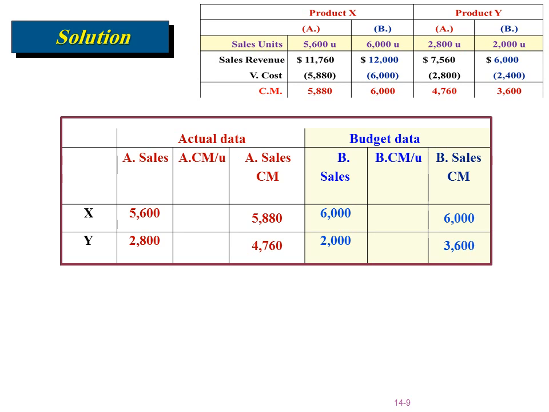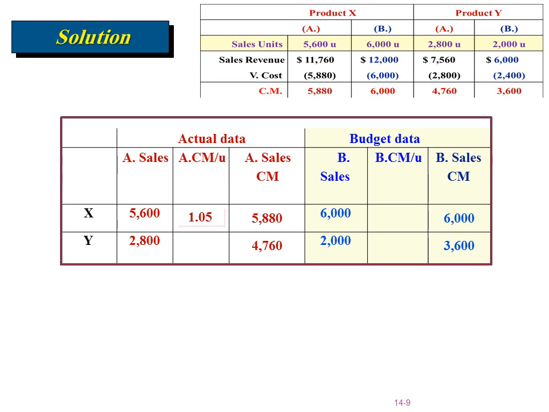I will divide the total contribution margin, 5,880, by actual sales, I mean the total contribution margin divided by actual sales for X here, 5,600, so I can get the contribution margin per unit. Yes, 1.05.